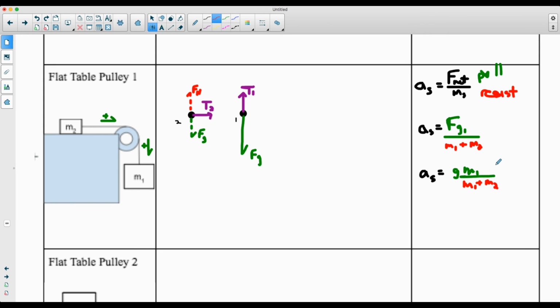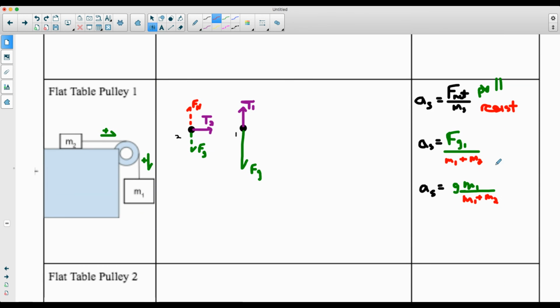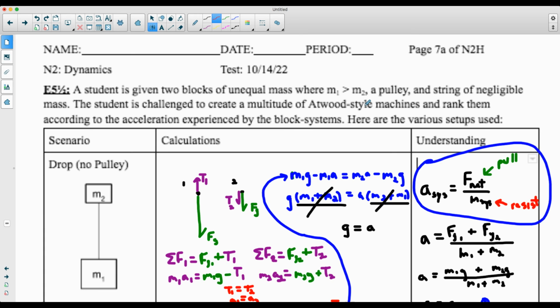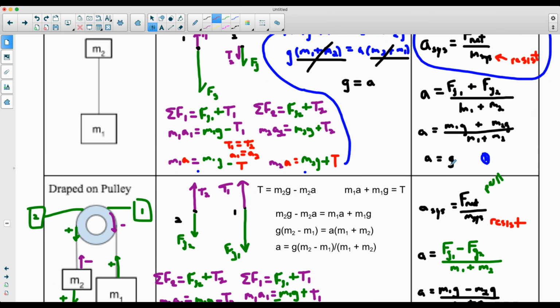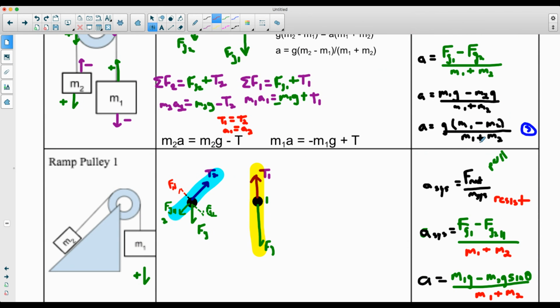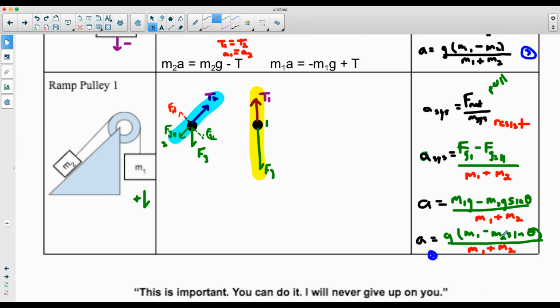So how does this acceleration compare? Well, let's go back and look. So here, this is G times M1 over the sum. On the previous page, this was just G, so that's still first place. But here, look, there are subtractions. So this is G M1, but then you're taking away M2, or you're taking away M2 sine theta.